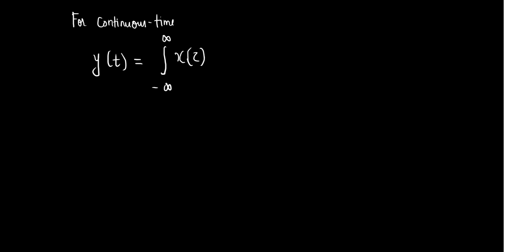So for continuous time, we obtain an equation something like this: y of t equals, instead of having a summation, we'll have an integration from minus infinity to infinity of x of tau, h of t minus tau, d tau.